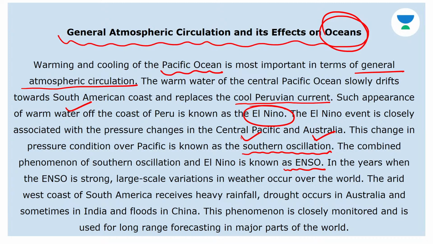Now, in the years when the ENSO is strong, large scale variations in weather occur over the world, and the arid west coast of South America receives heavy rainfall. Drought occurs in Australia and sometimes in India, and floods in China. So, this phenomenon is closely monitored and is used for long range forecasting in major parts of the world.